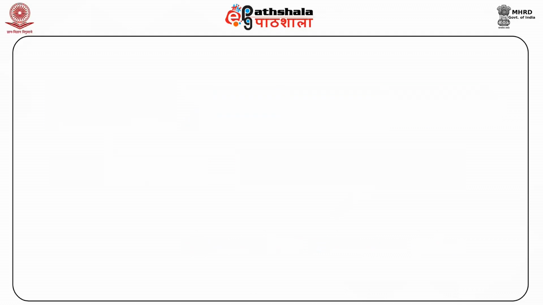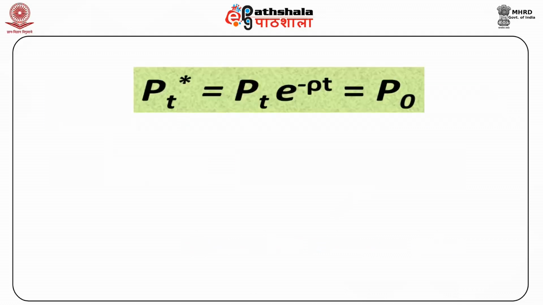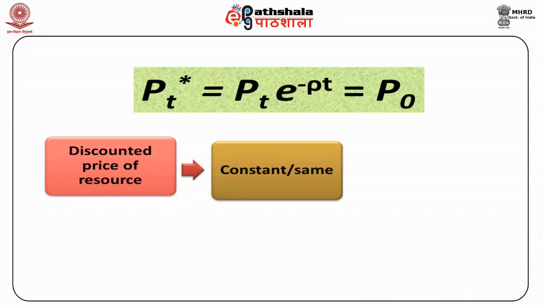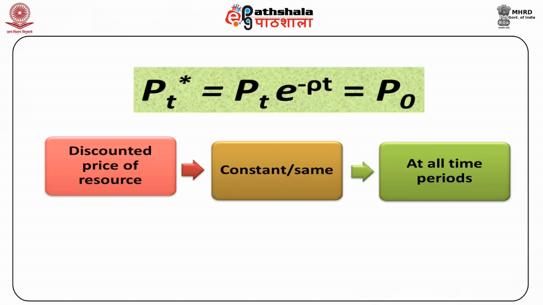The equation P star t is equal to Pt e to the power minus rho t equals P naught states that the discounted price of the natural resource is constant along an efficient resource extraction path. This is another way of saying that the discounted value of the resource should be the same at all time periods.